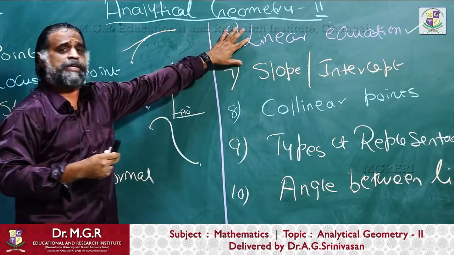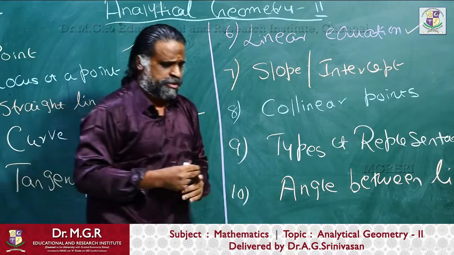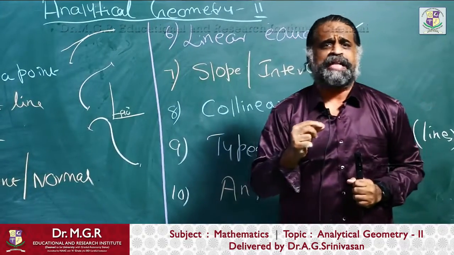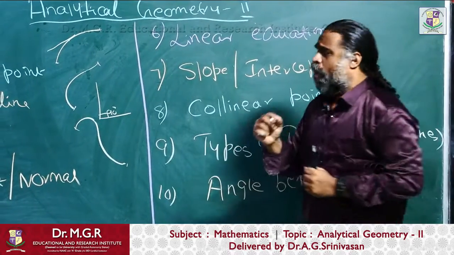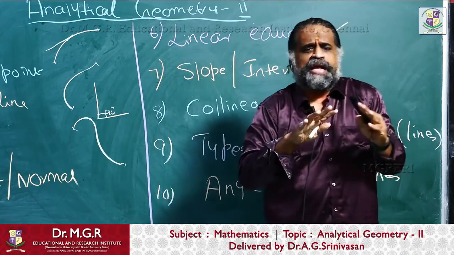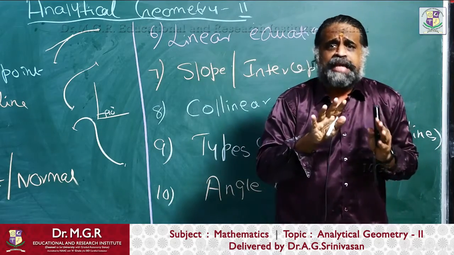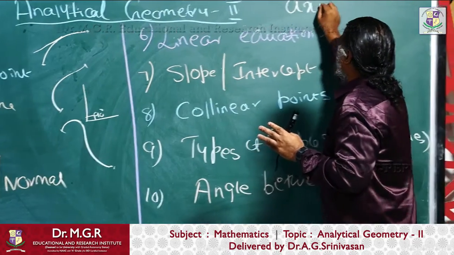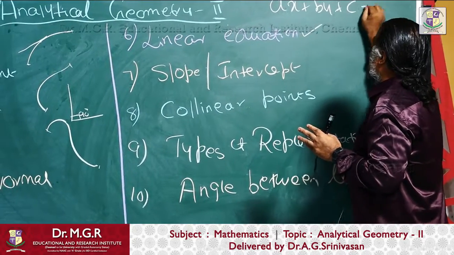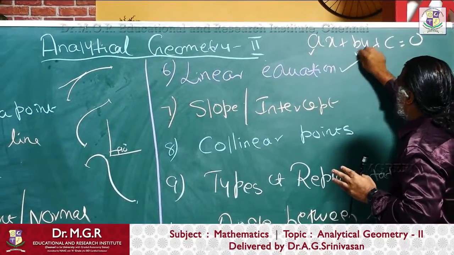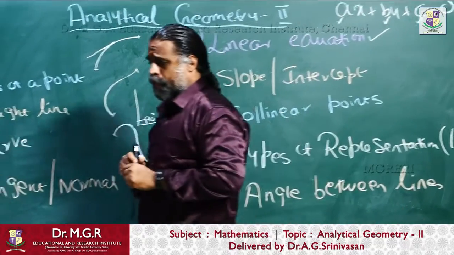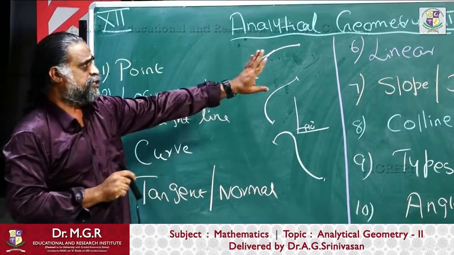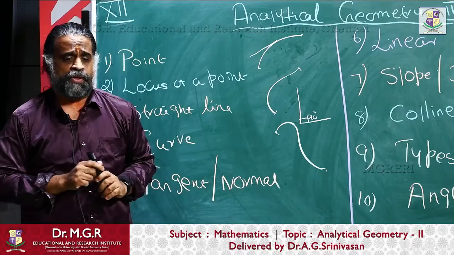Let's come back to the linear equation again. What is the linear equation? In the mathematical world, linear means of power 1. But let me not bring that mathematical part in at the moment. I say an equation is a linear equation if it is of the form ax + by + c = 0, where a, b, c are constants. Let me summarize what I tried to say in the past 5 to 10 minutes about straight line or linear equation.